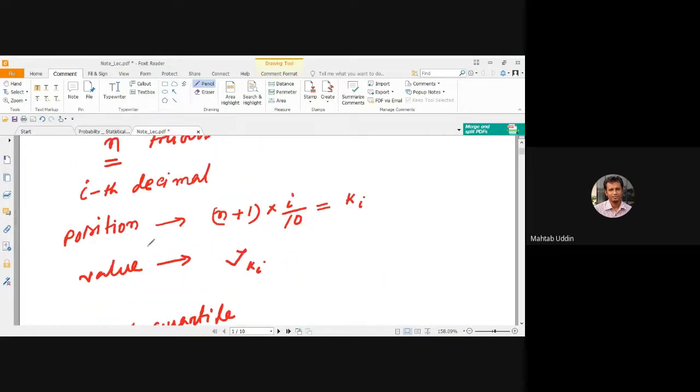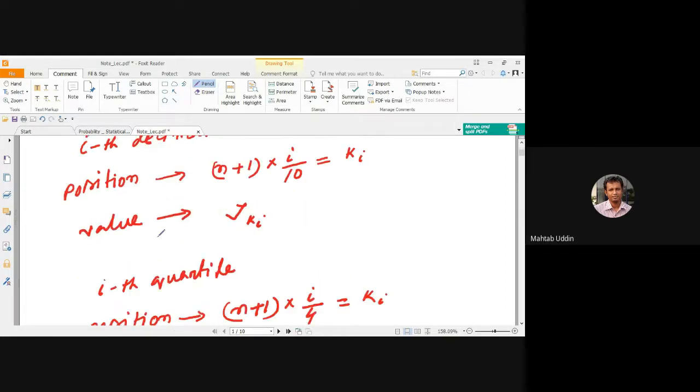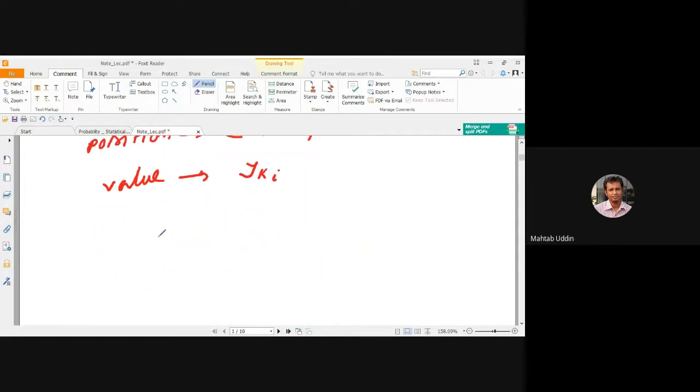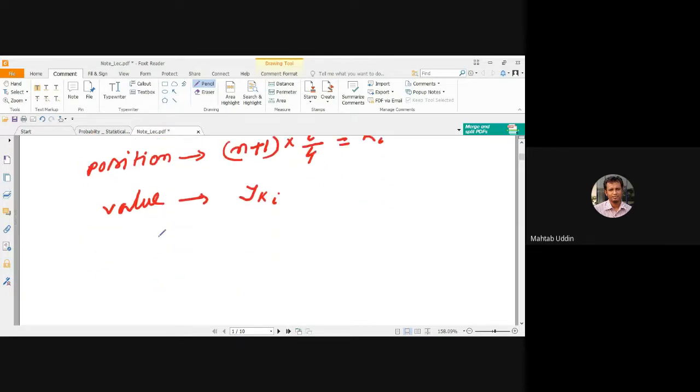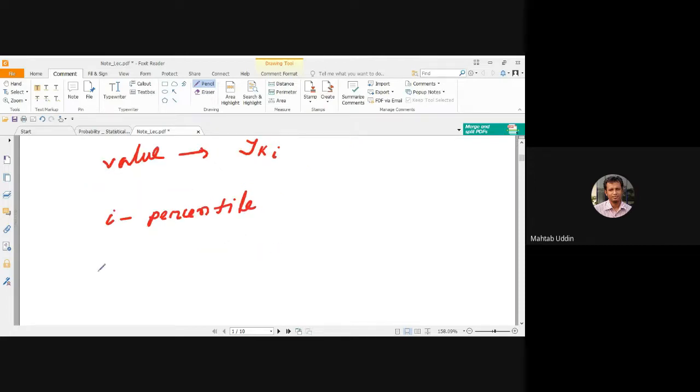Similarly, this is called decimal, that is 10% for each decimal; quartile, 25% for each quartile. Then another is percentile, for each percentile 1%. So for the ith percentile, in a similar manner, you can find the position: first we consider n plus 1 into i by 100.